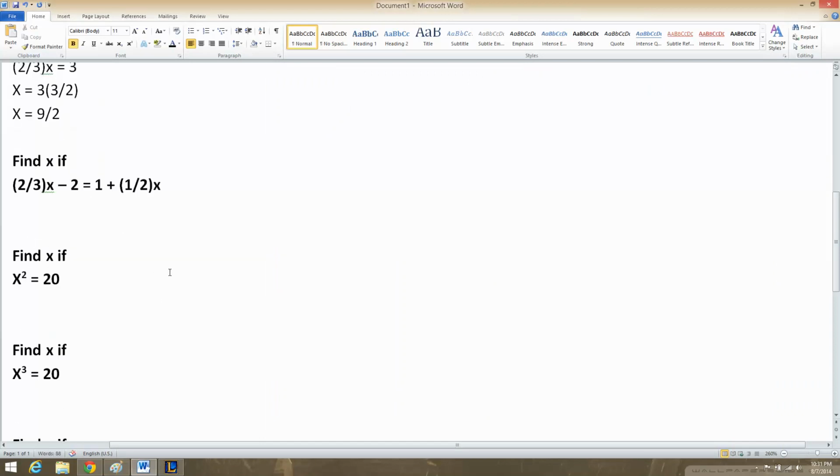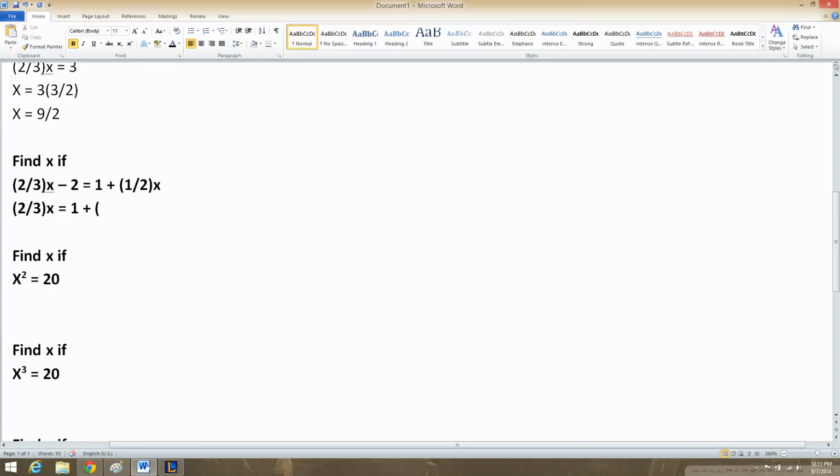On this one, we're going to have fractions on both sides. We want to get all the x's on the left side and all the numbers on the right side. So first, we're just going to move the numbers to the right side. And as always, when we move something to the right or to the left, we reverse the sign from negative to positive.